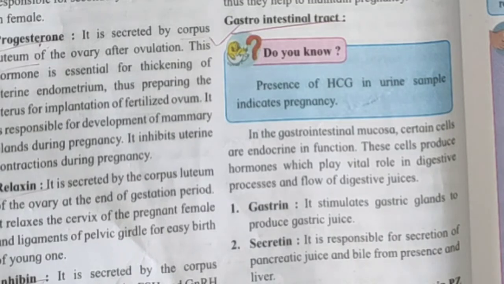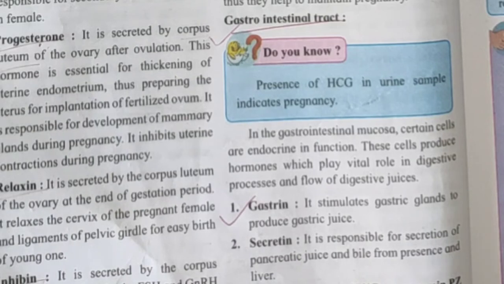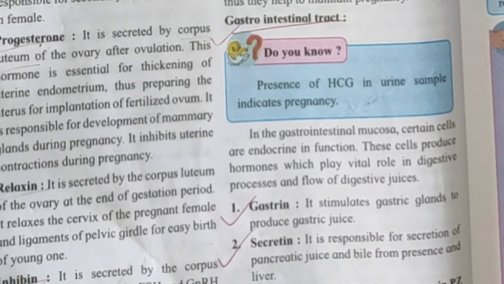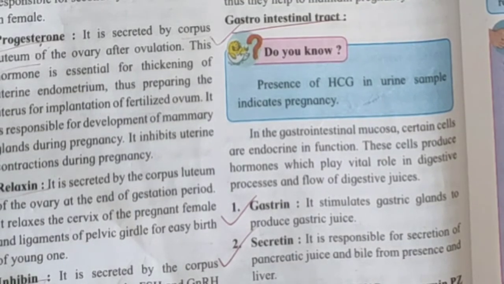And this gastrointestinal tract consists of various types of hormones: gastrin, secretin, cholecystokinin or pancreozymin, and last is enterogastrone or gastric inhibitory peptide.